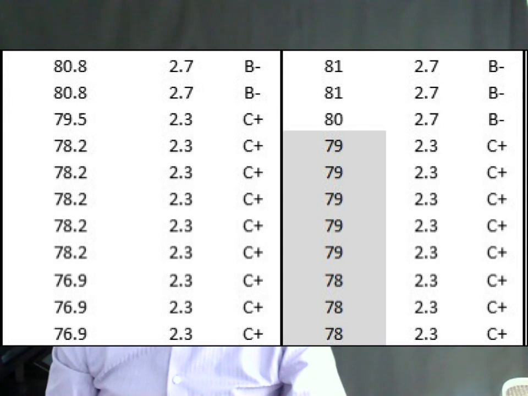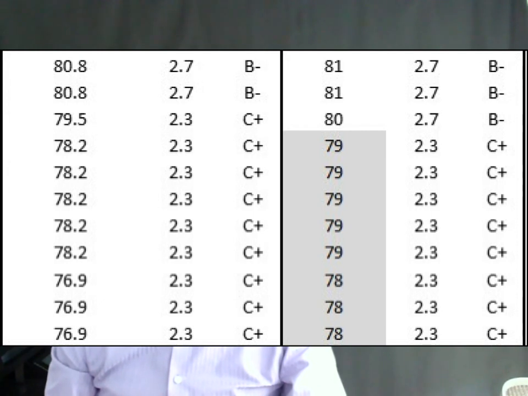So you can see the next 4 ones here, they get the 79. And then we have a lift from 78.2 to 79.5. And I lift that up to 80. And then from there on, we actually hit the actual scores, the rounded scores.